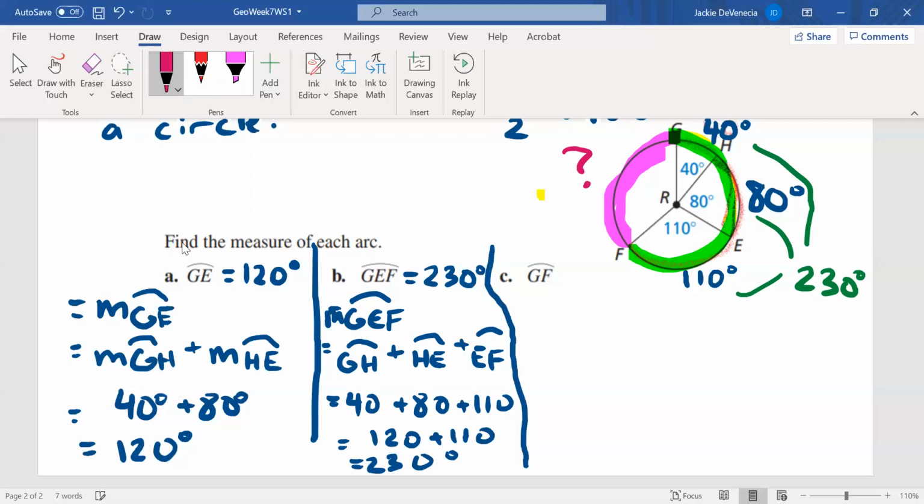Using the ideas that we were introduced before, I'm just going to find the difference. I know that the total number of degrees in my circle is 360 degrees, and I'm going to subtract GEF from that.